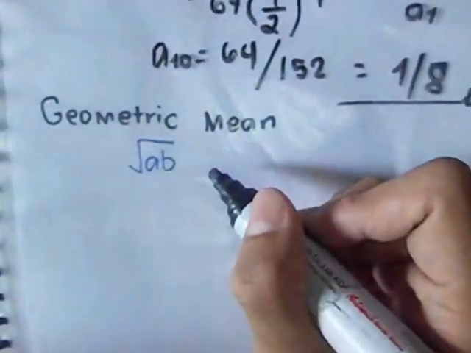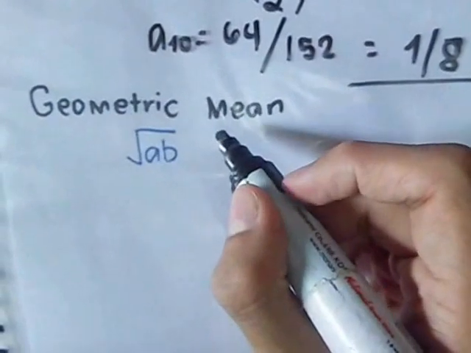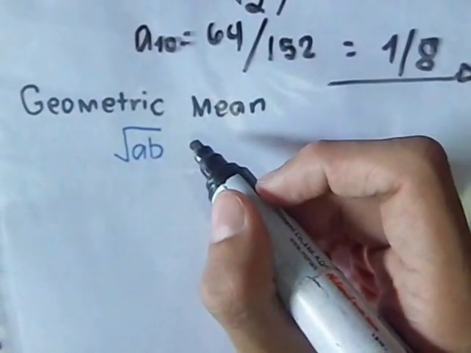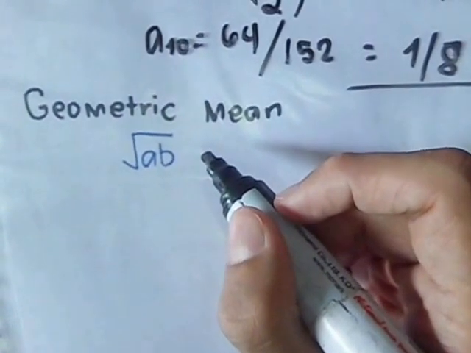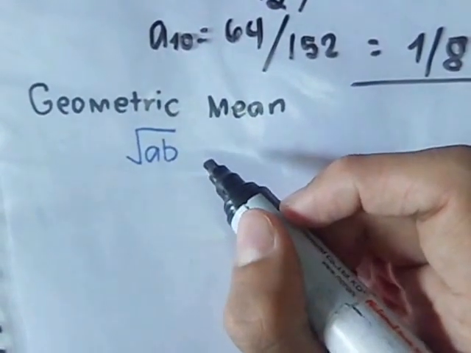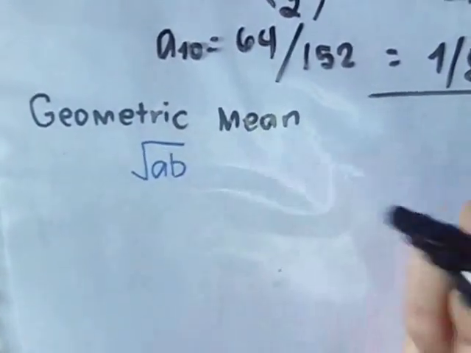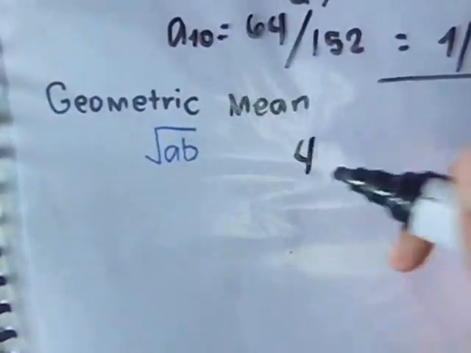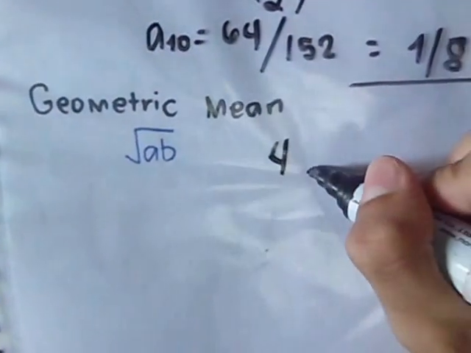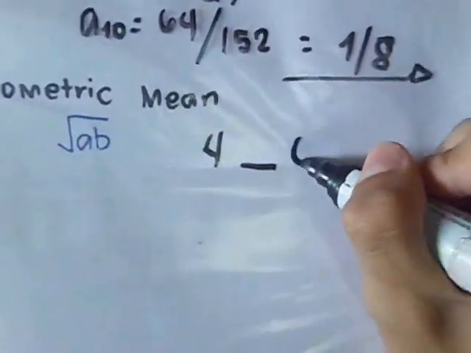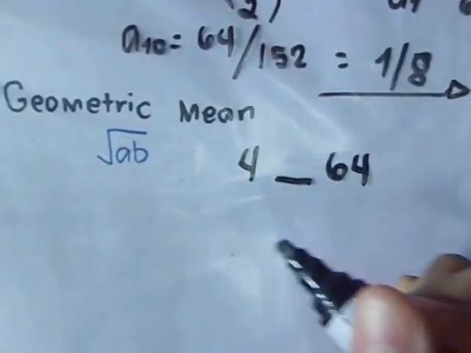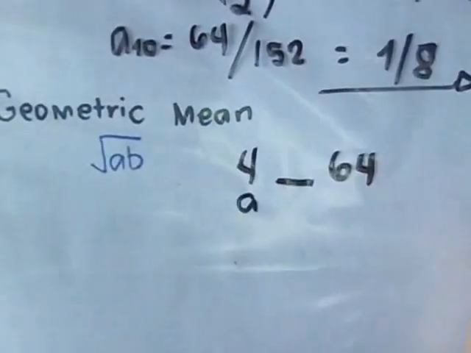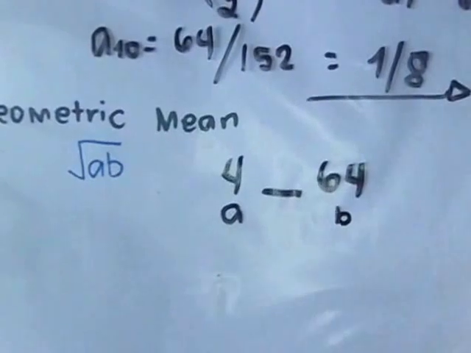Now, we have the geometric mean. The geometric mean of any two positive numbers, a and b, is given by the square root of ab. For example, we have the sequence 4, blank, and 64. Let's say that a is equal to 4 and b is equal to 64.